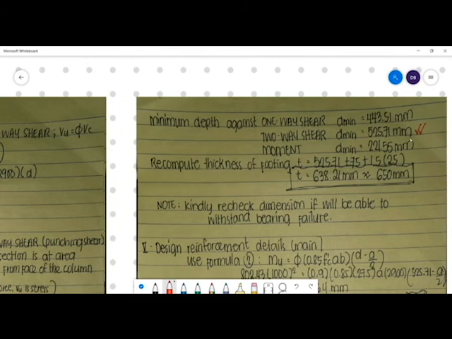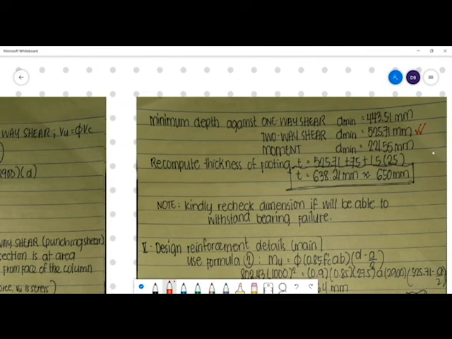Let me just tell you that in most cases, what is critical in a footing every time we apply load is usually shear, and only rarely moment. The footing will withstand the moment as long as we have the right amount of reinforcement.